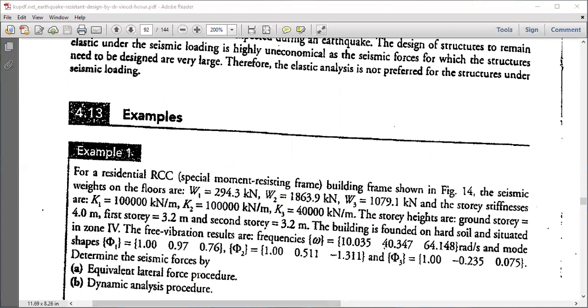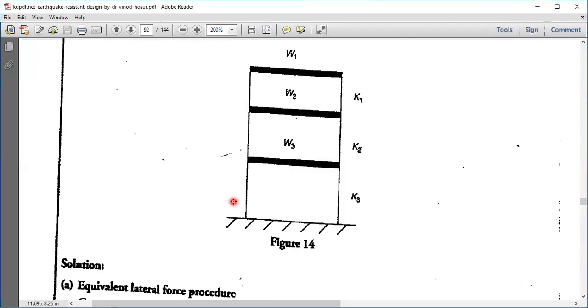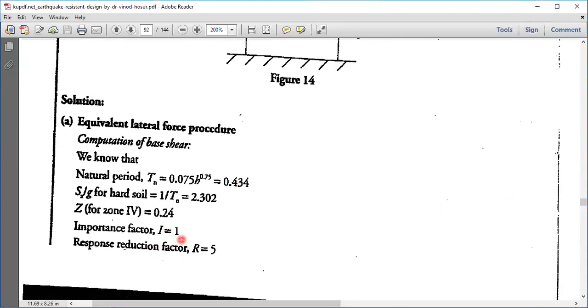When I look into this, 1.5 is the importance factor for all the important buildings, residential or commercial buildings other than these are 1.2, and all other buildings is 1. Because it is a residential building, you can go ahead with 1.2 or even with 1. To be on the safer side, it is better we take the importance value I to be 1.2. So what you will consider here in the numerical is I is 1.2.